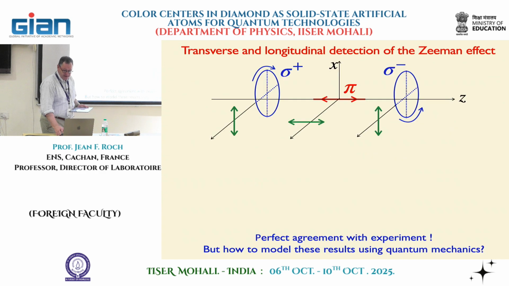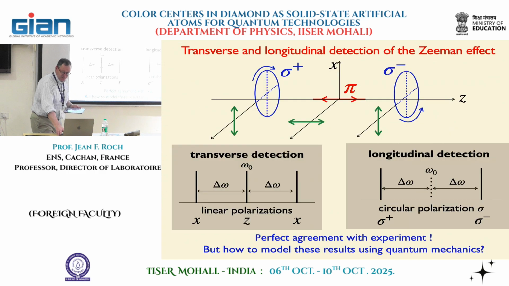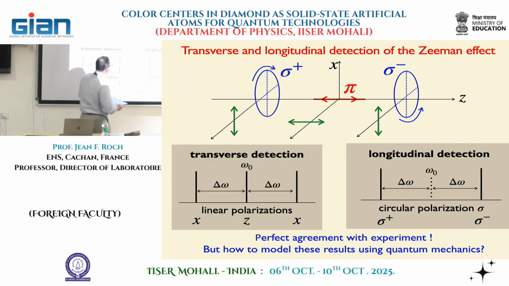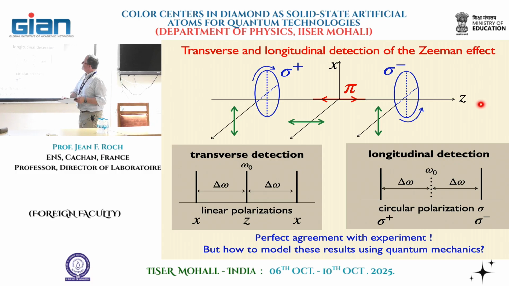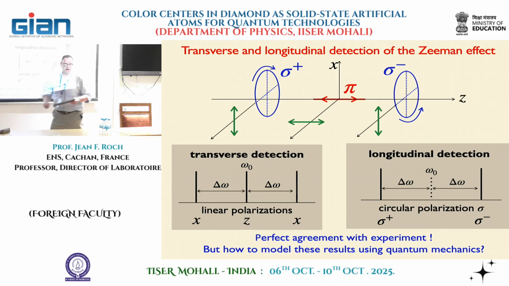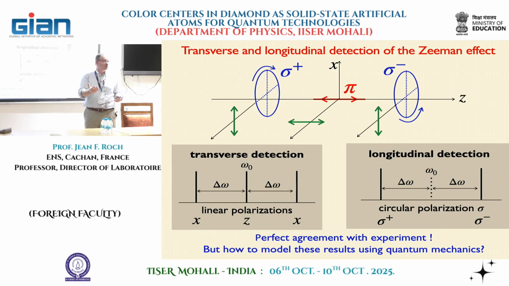Once I'm here, I can now see what we have. I can look, for instance, in two different directions. I can have a look at what we see from the longitudinal direction. And in that case, this dipole will not be able to produce a radiating field.